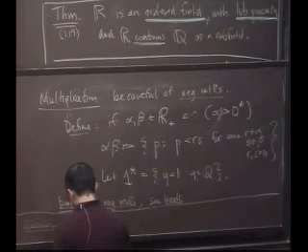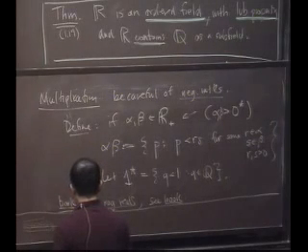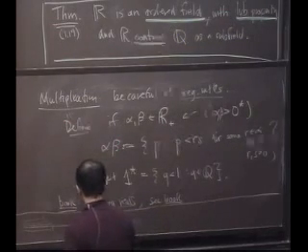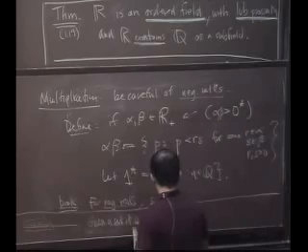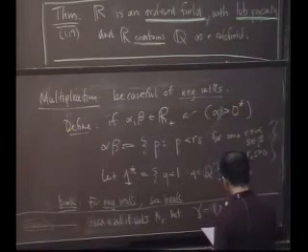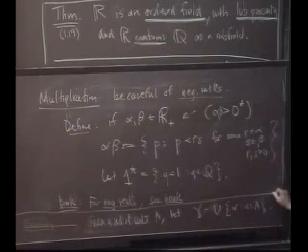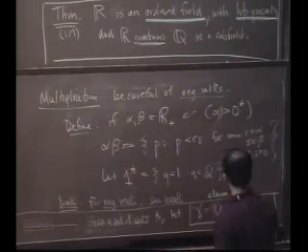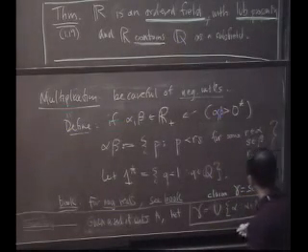So, given a set of cuts A, let's let gamma be the union of all the alpha where alpha is in A. And the claim is, this is what I'll finish with, gamma is going to be the supremum of A. And it's a cut.